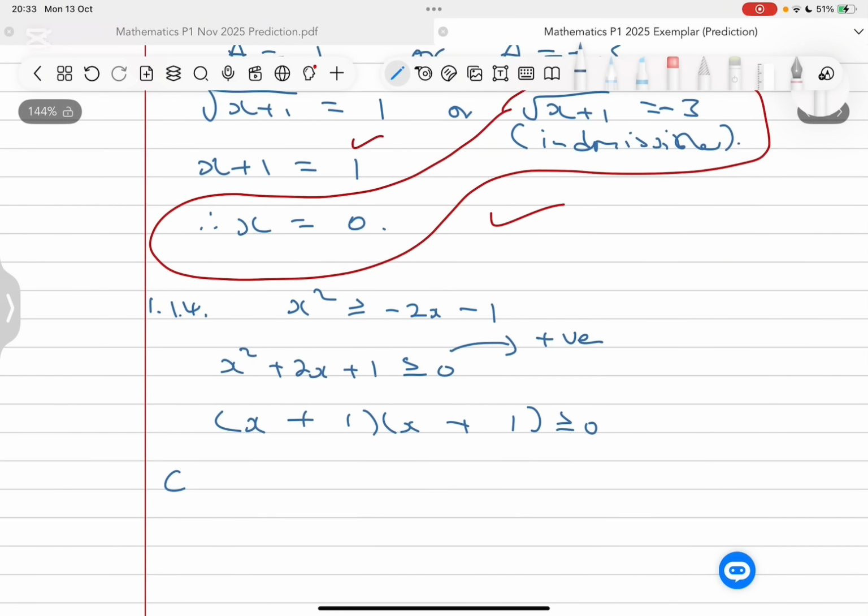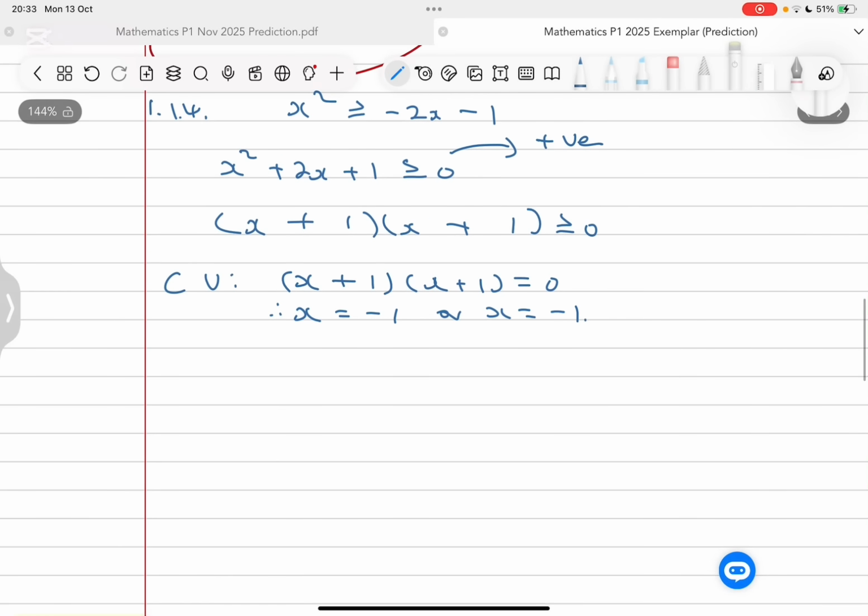And this would mean that my critical values, CV, will then be equal to, so the critical values occur when these products are equal to 0. When these two are equal to 0, my critical values will be -1 and -1. So they occur twice.